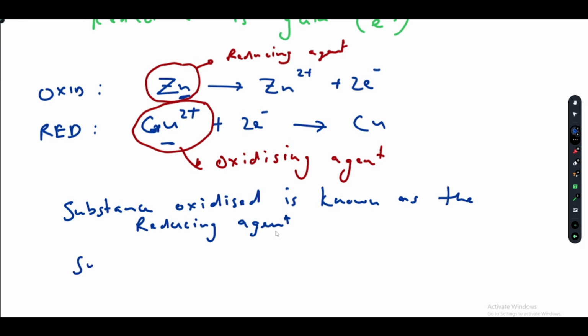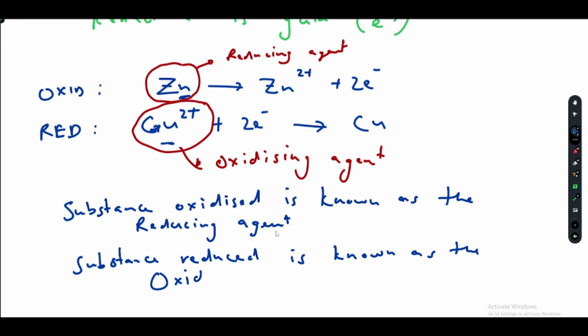And the substance or the reactant that is reduced is known as the oxidizing agent.